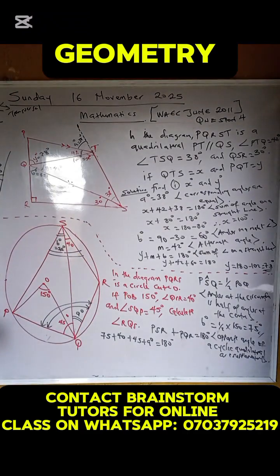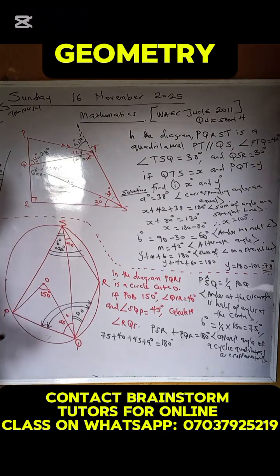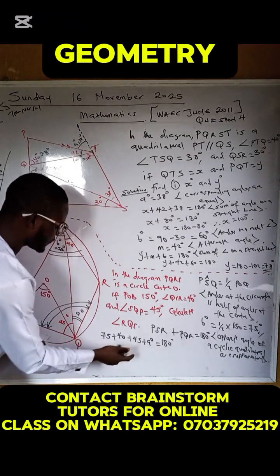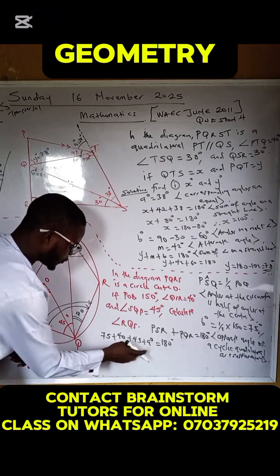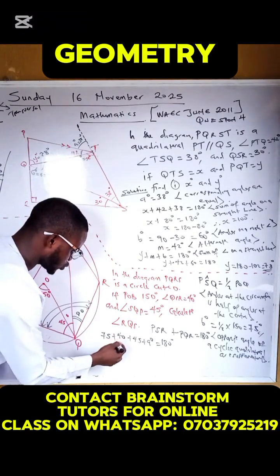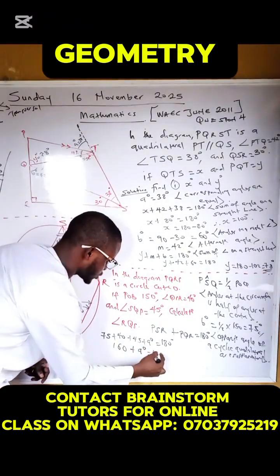Remember, there are many different approaches to solve this. At the end, we must all arrive at the same answer. Now, let's look at this. I'm just going to sum up everything that we have here. I have 85 plus 75, I mean 60, sorry. Plus a degree equals 180.